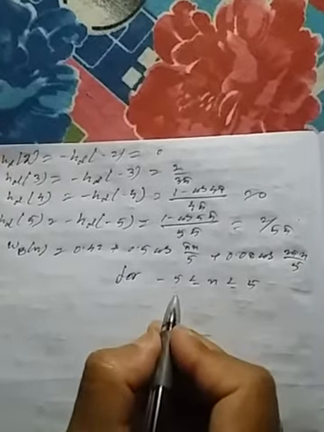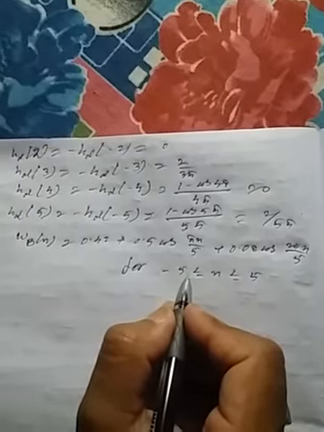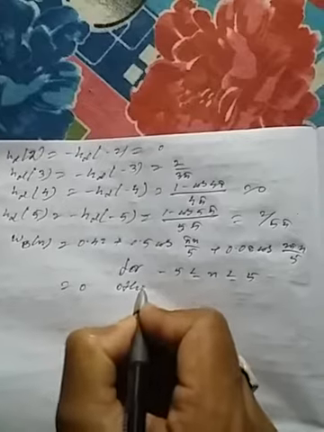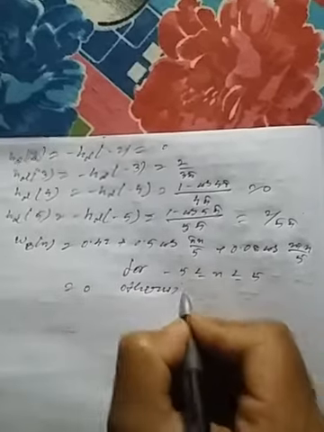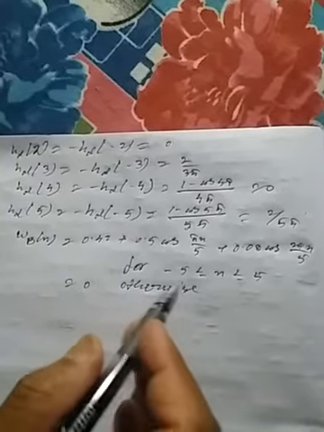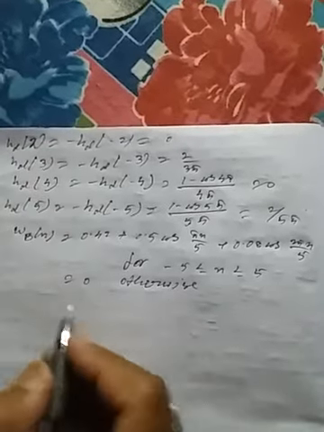Why minus 5? Because it is the formula capital N minus 1 by 2. And 0 otherwise. Here capital N equal to 11, so N minus 1 by 2 will be equal to 5, right?